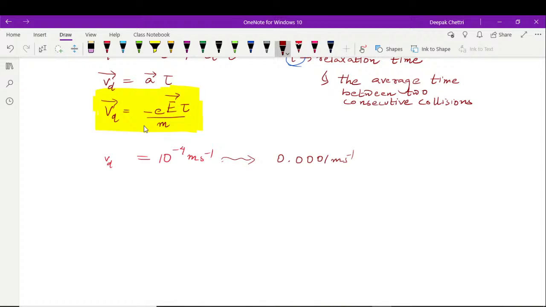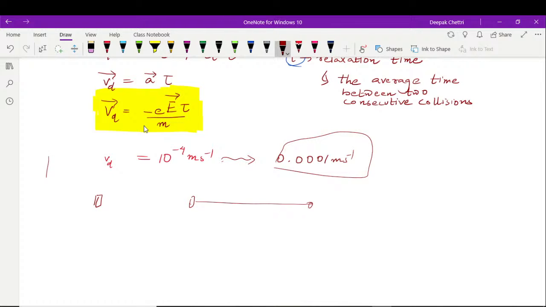So if the electrons are moving so slowly inside a conductor, how come whenever we switch on a light, it happens instantaneously?